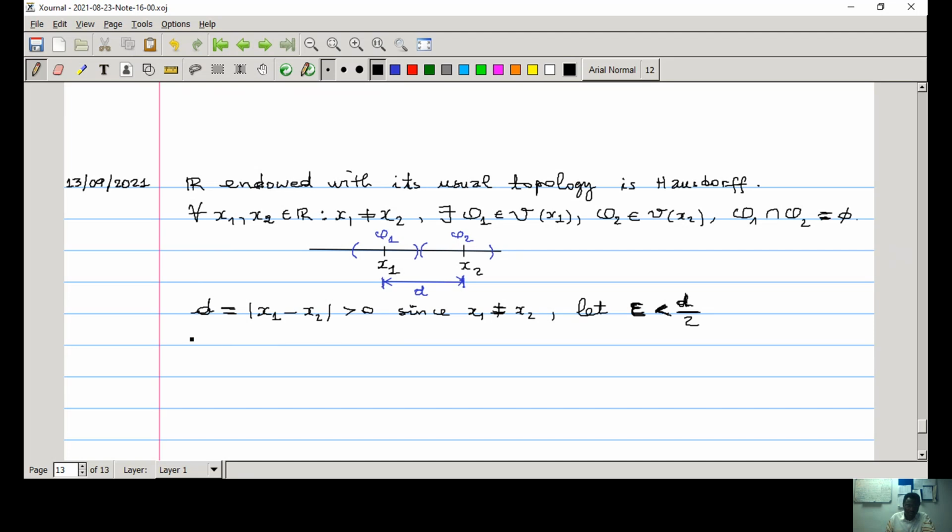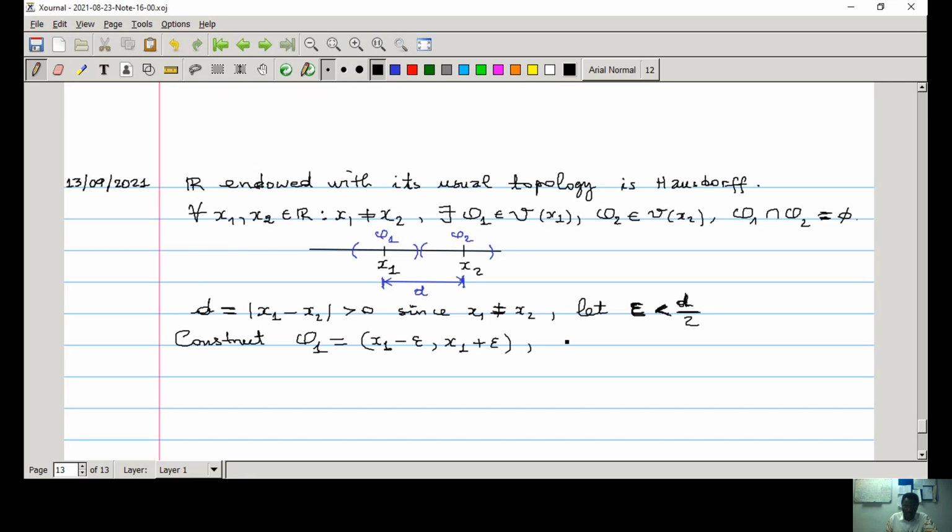So if that is, I can just construct my O1 open interval to be the interval x1 minus epsilon, x1 plus epsilon.